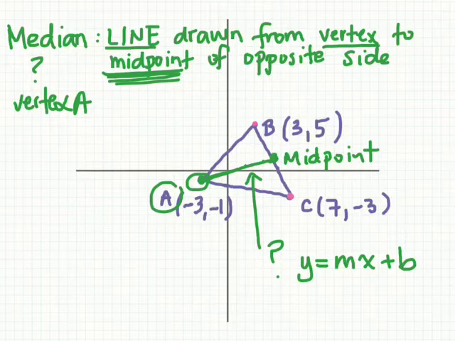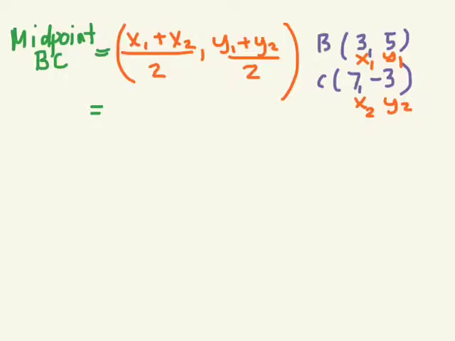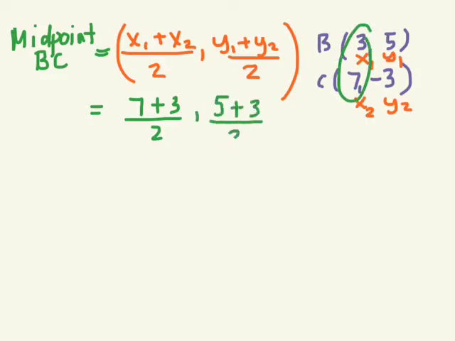What's the first step here? What do you think the first thing I need to find is? How this line is drawn. I know it goes from A to M, but I don't know what that midpoint is. So the first thing we want to do is find the midpoint. The x values, so 7 plus 3 divided by 2, and 5 plus negative 3 divided by 2.